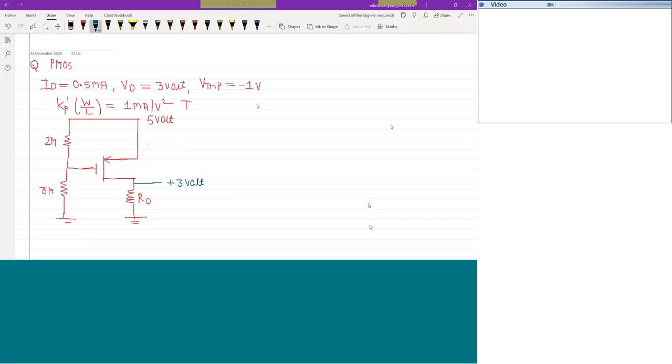What I can say, a transistor, PMOS can operate in saturation.